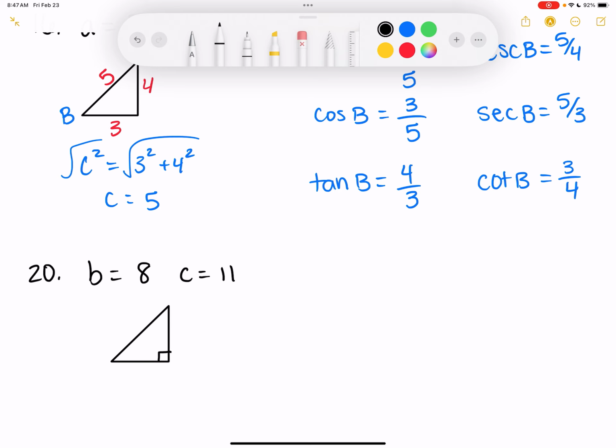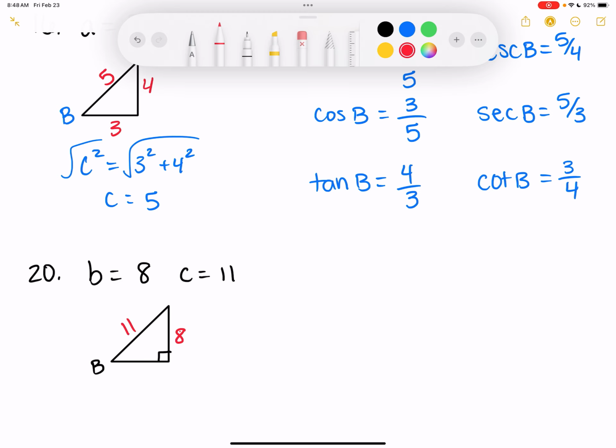So again, angle B can't be the right angle, but I like to do it there because it's easier to deal with. So side B is opposite of it, so it's over here. Side C is 11, and I need to find the other side.